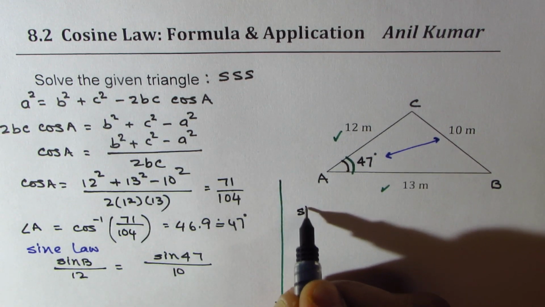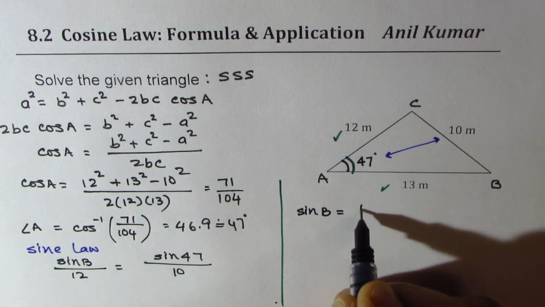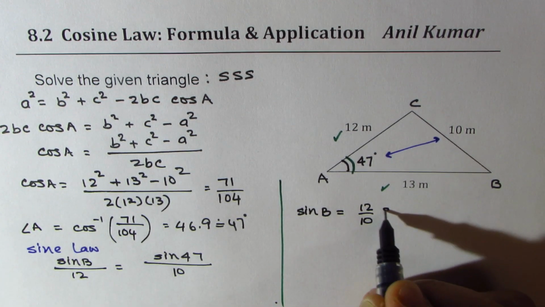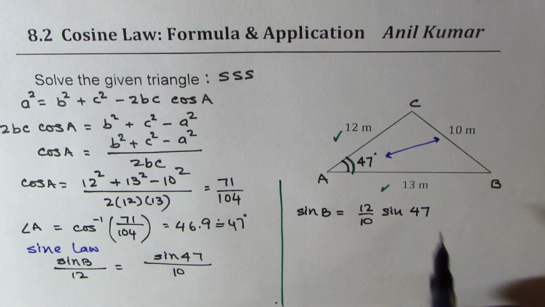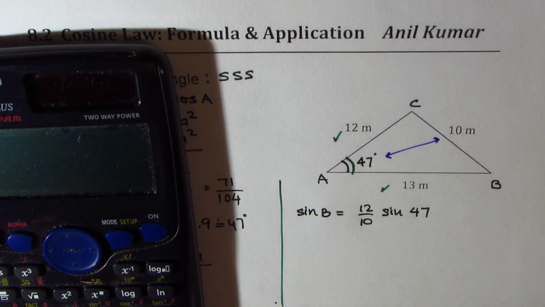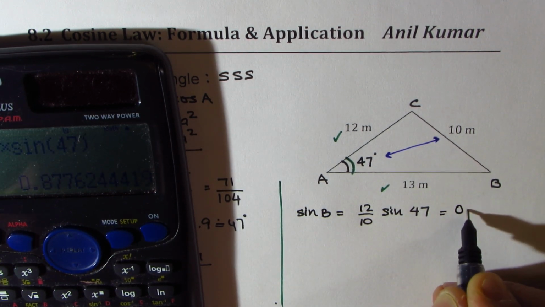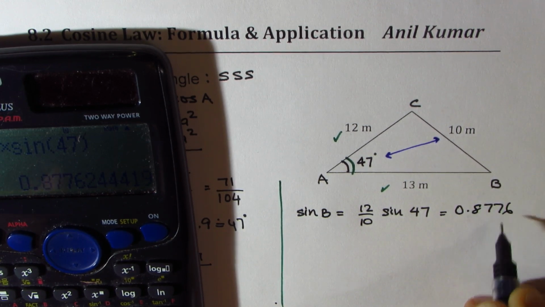So sine of B is equal to 12 over 10 times sine of 47, which is 12 divided by 10 times sine of 47 equals 0.8776.